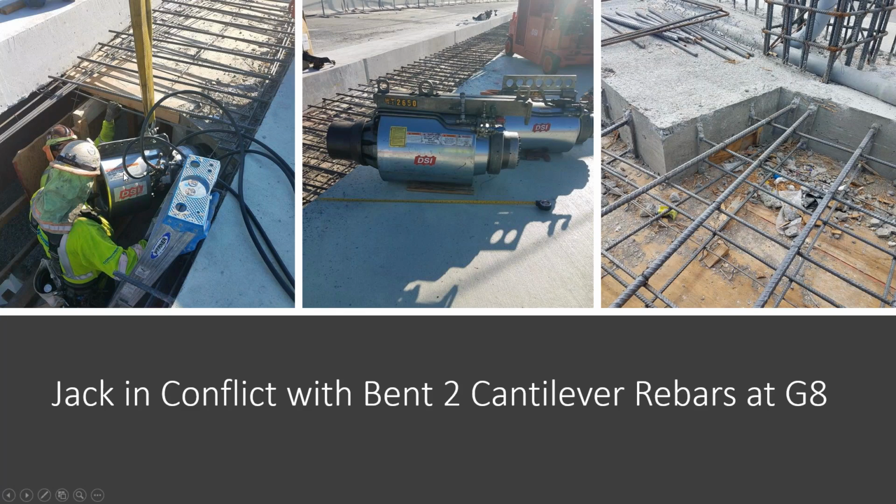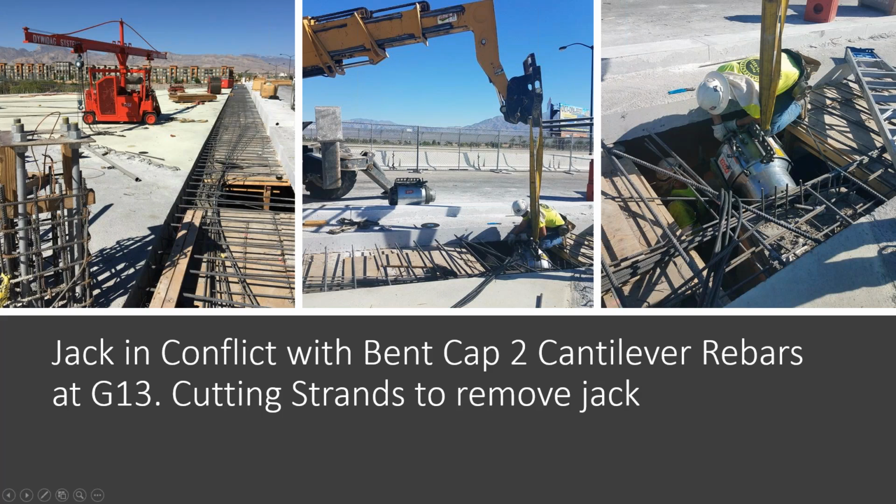When we stressed girders 8 and 13, there were definitely some issues installing these big jacks. Sometimes we had to allow the contractor to cut the strands in order to let the jack out.